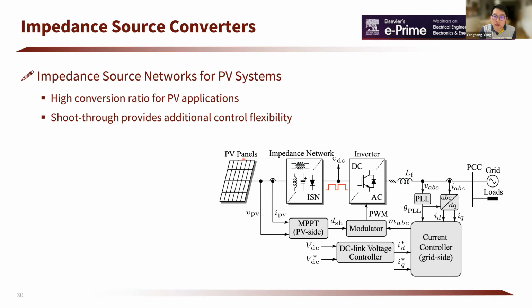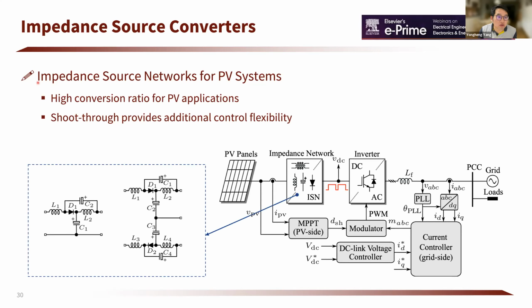So it requires a very high boost from the PV panel to the grid side. If you use traditional two-stage conversion systems, the efficiency is usually low. What you can do is to use these impedance source networks. They are passive based, and you can achieve higher boosting from the PV panels. Then you can connect it to the grid.